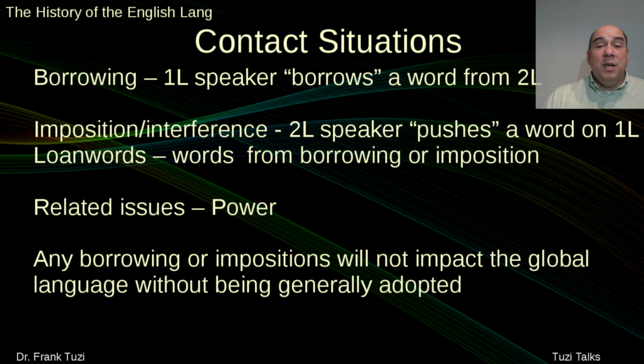Any borrowings or impositions won't impact the language unless it's accepted everywhere. So, although a language can change and it can borrow, if it's only borrowed in a small location, it's not going to be a big deal. If you look back to the 1960s, the quote-unquote hippie generation, there were dozens of words that they created.